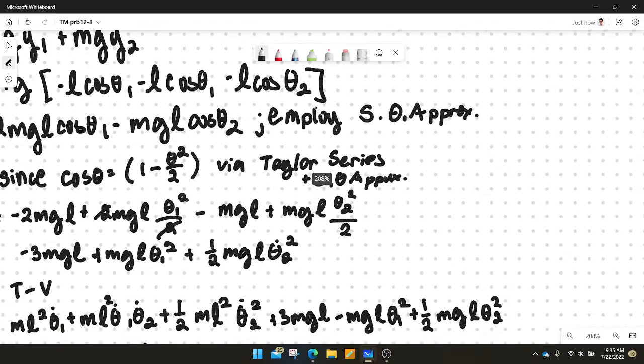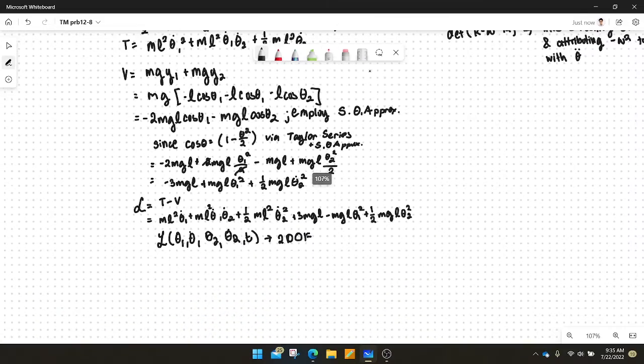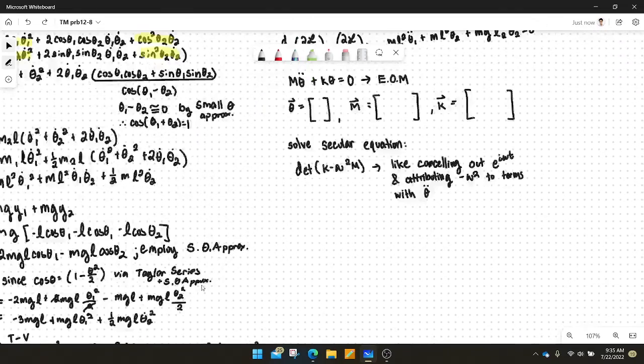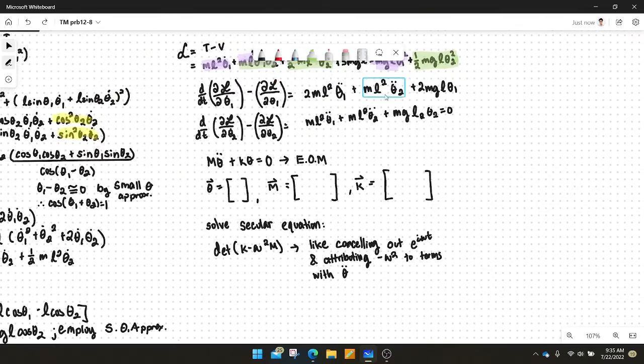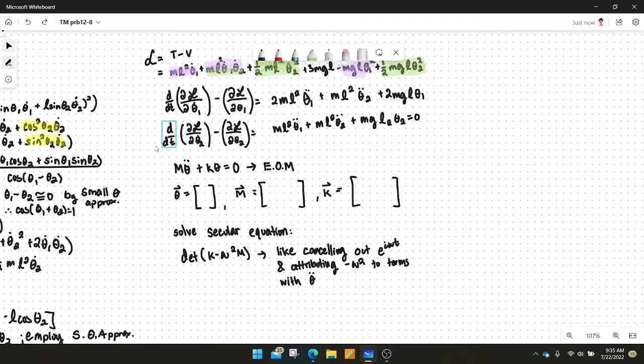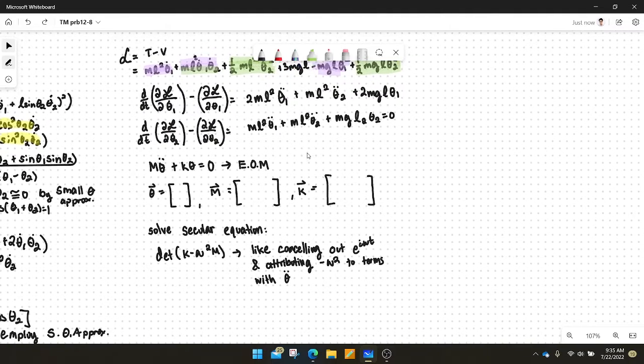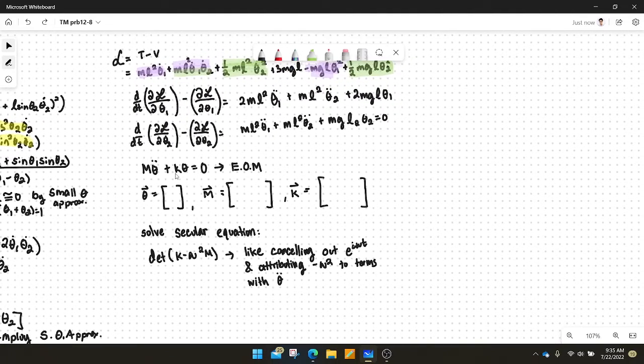So likewise, we need two Euler-Lagrange equations. They're given by these two, and now we have to express them in our typical simple harmonic differential equation.